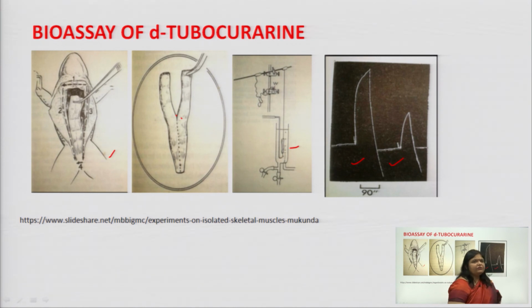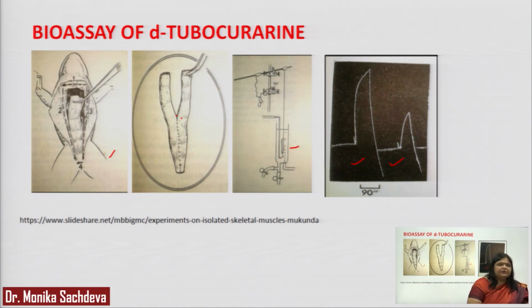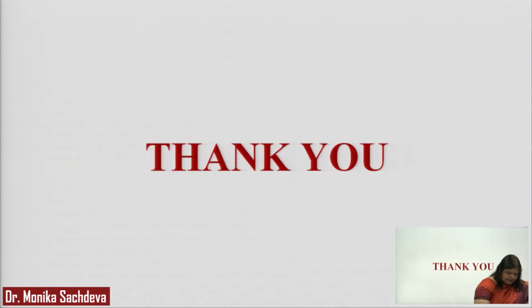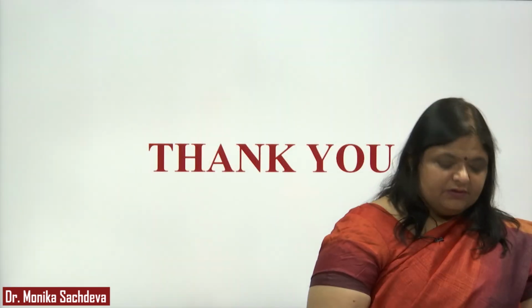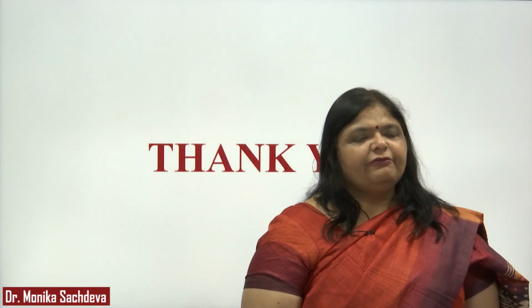So in response to the sample or in response to the standard D-Tubocurarine, you can record how much response is produced by your test sample, and this is a graded point bioassay. You can carry it out by bracketing, by matching, or by interpolation, or by any of 3-point, 4-point, 6-point, 8-point bioassay. So that is all about this bioassay.